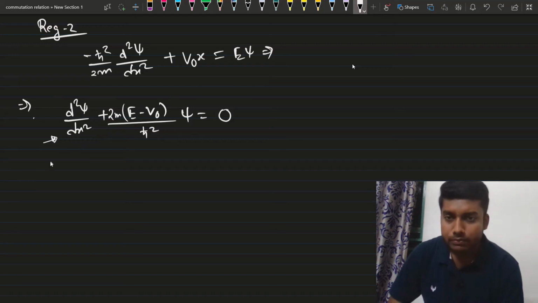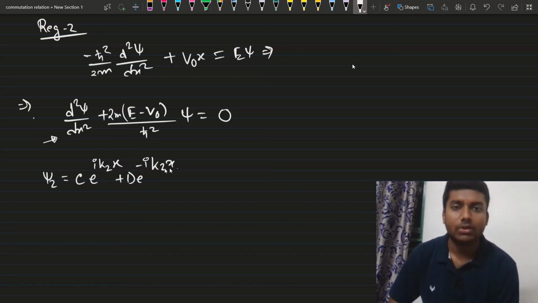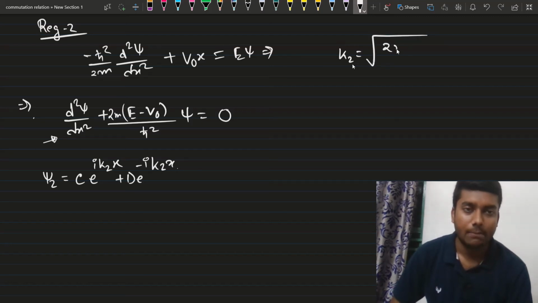Solving this, we get psi 2 equals c e to the power i k2x plus d e to the power minus i k2x, where c and d are constants and k2 is the wave number in region 2. k2 is root over 2m times E minus V naught, divided by h bar square.